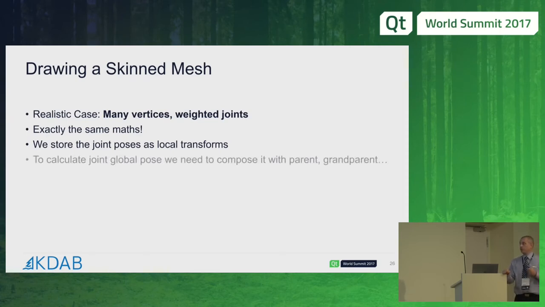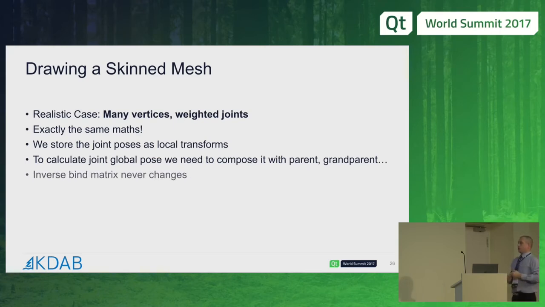So before we can calculate the skinning matrix, we need to compose the local transform with the transform of its parent and its grandparent and its great-grandparent, all the way up to the root of our entity. That gives us our global pose matrix. Luckily, the inverse bind matrix never changes. This is constant throughout the entire life of the application, so we can just store that as a constant somewhere.